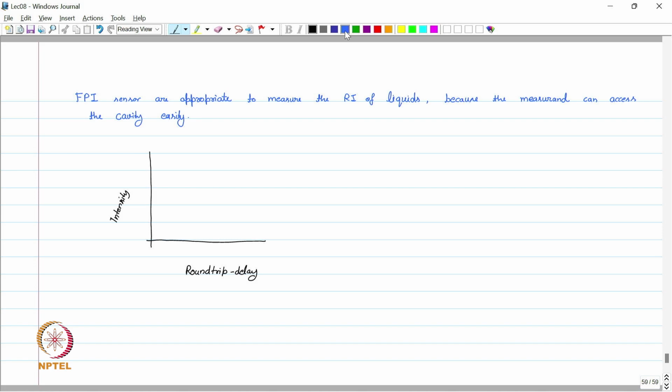So we see, based on the different materials, we get different peaks here. Let's say this is one peak we detect. This is for, let's say, ethanol.